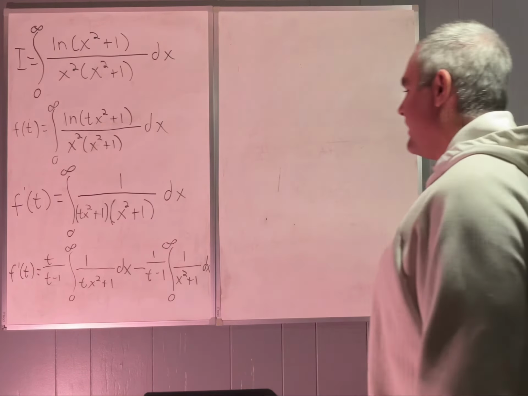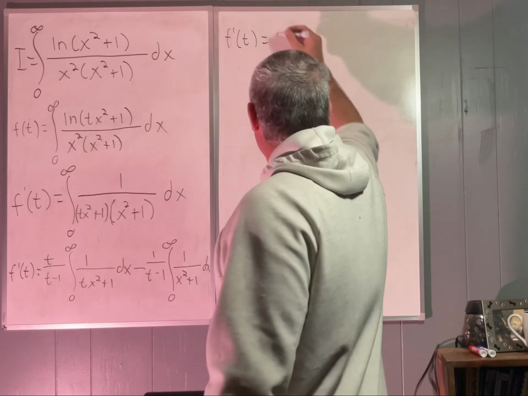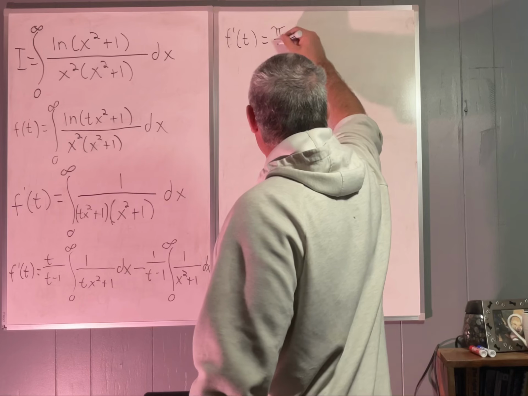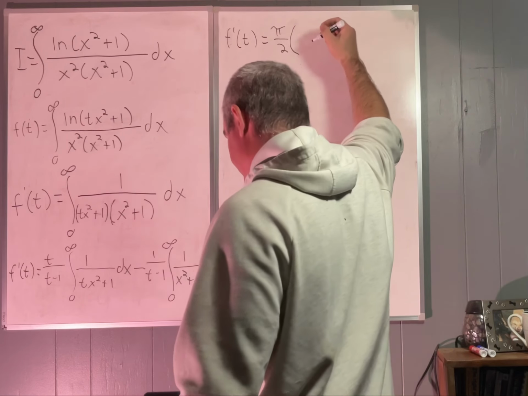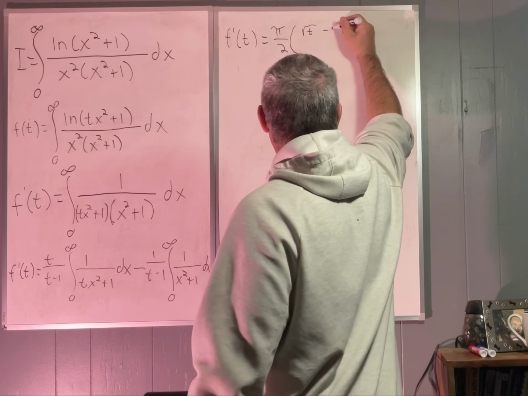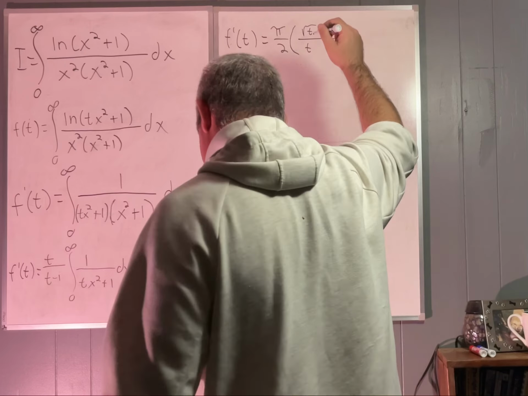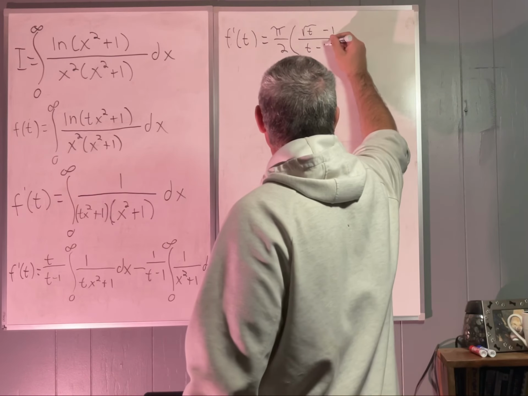But if you work that out, you will get something like this. You'll get f prime of t being equal to pi over 2 times the square root of t minus 1 over t minus 1.